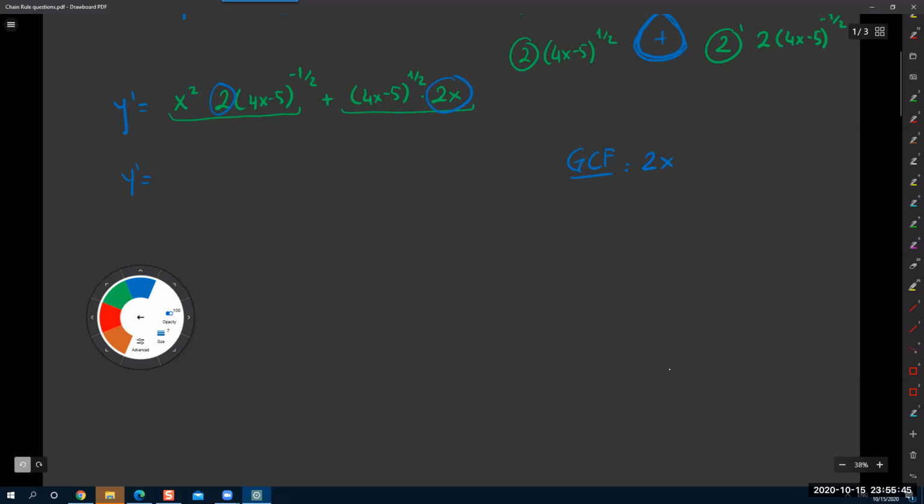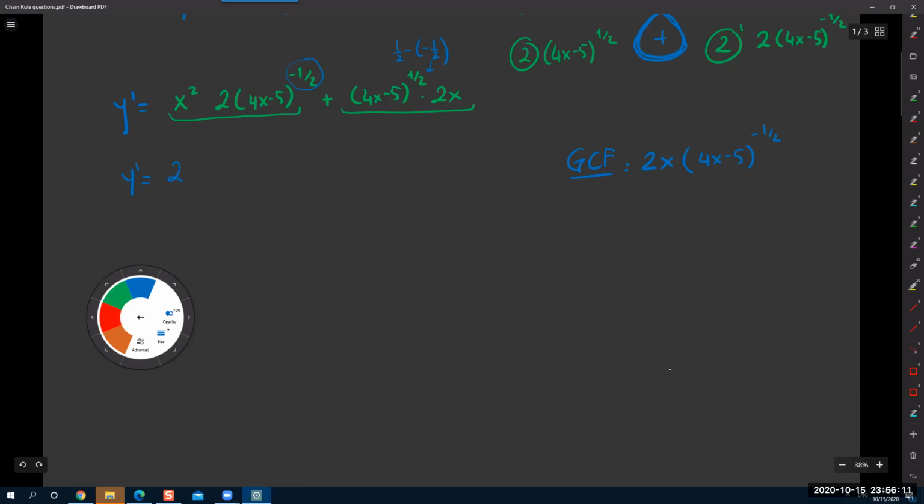So I'm going to erase those. And also 4x minus 5 to what power? Negative 1/2 power. If you write it this way, you notice that this is the smallest exponent, so I'm going to factor that out, negative 1/2, from this exponent.